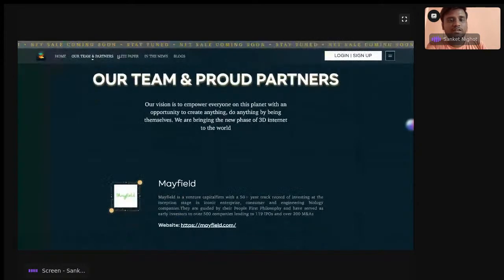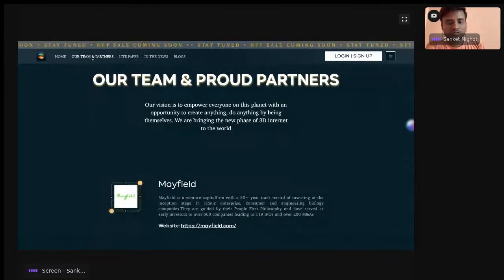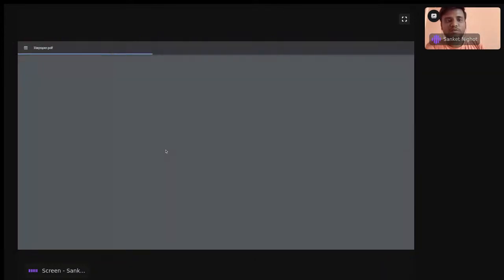This is the light paper of the website. Whenever you see any project, there is something called a white paper or light paper. That paper is the documentation of everything they are working on in the project.